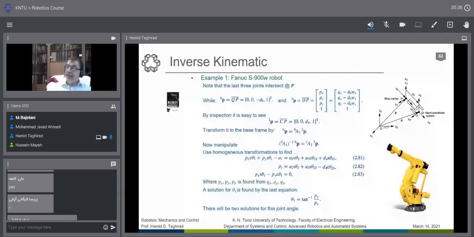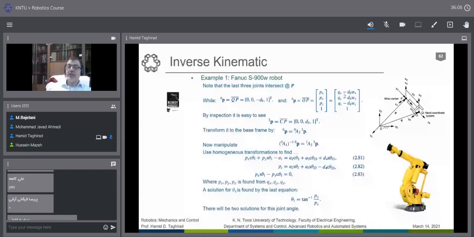If this is the case, we can find the Px, Py, Pz quite easily from the given Qx, Qy, Qz and the orientation, plus the D6 parameter, which is the length from the wrist point to the end effector point or to the tool point, we call it D6. So this is given, so these 3, Px, Py, Pz, are given.